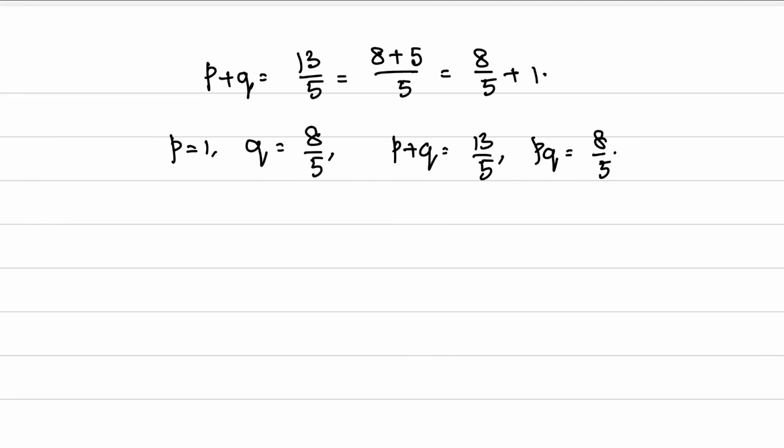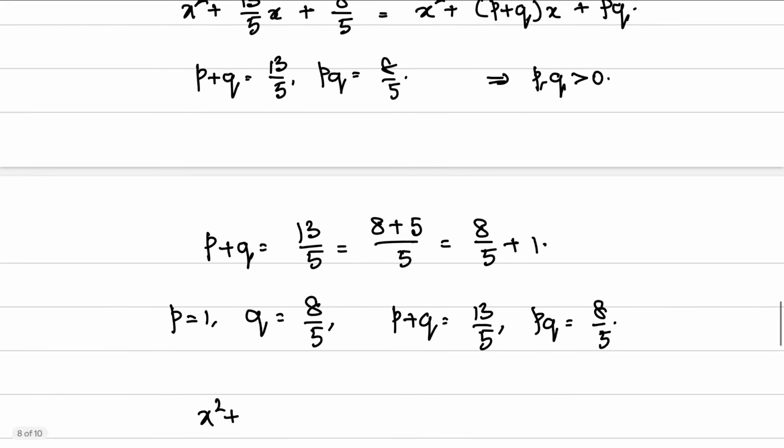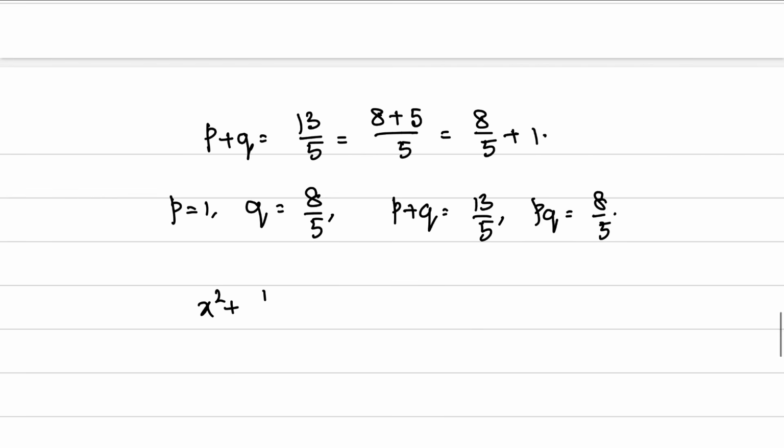Then x square plus 13 by 5 into x plus 8 by 5 can be written as x plus p, x plus q, that is x plus 1 into x plus 8 by 5.